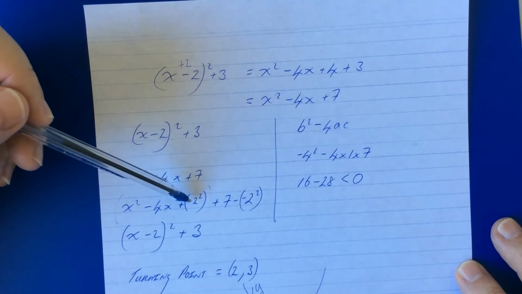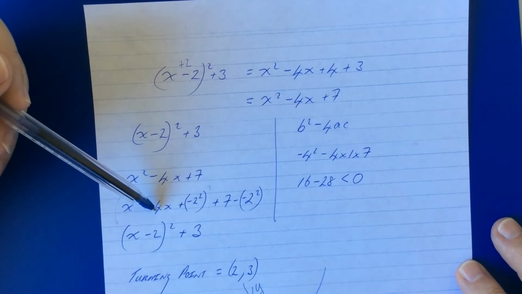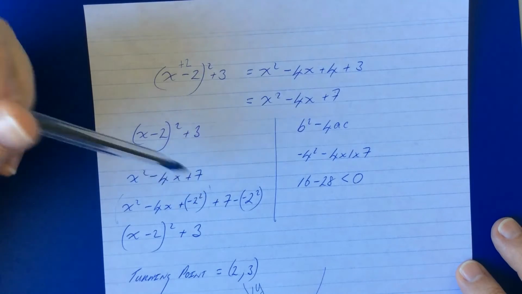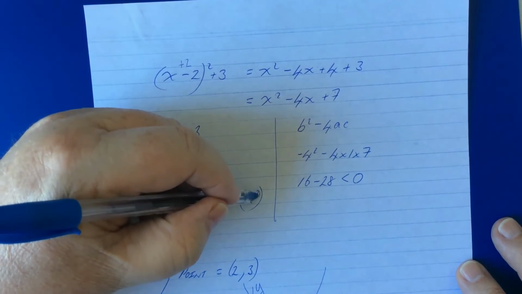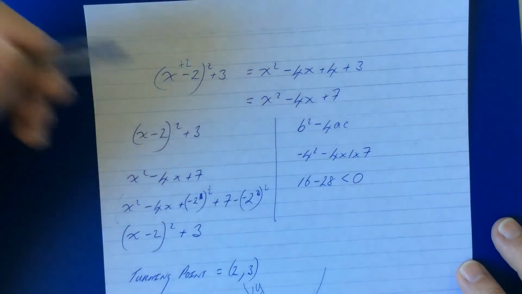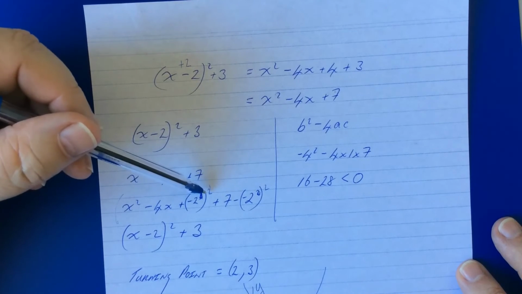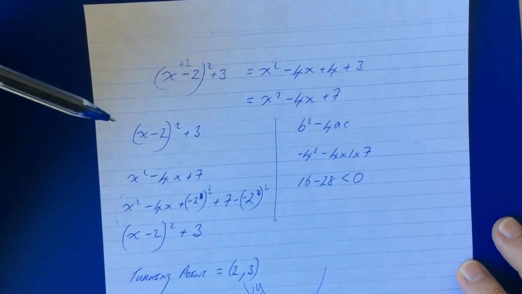And we do that by halving this number and squaring it. Should probably put that outside the bracket. I don't know if it matters in this case, but we'll do that. -2 squared will be 4.